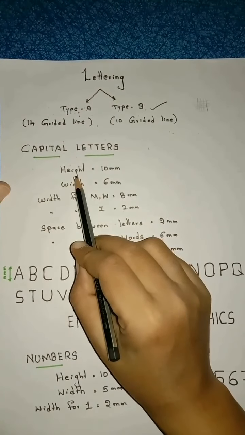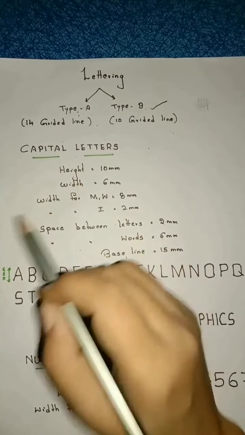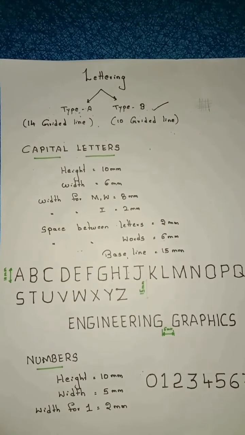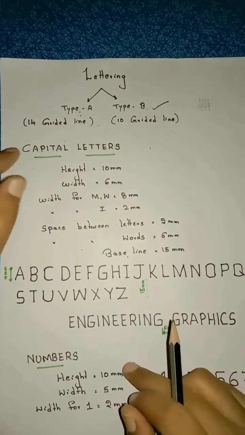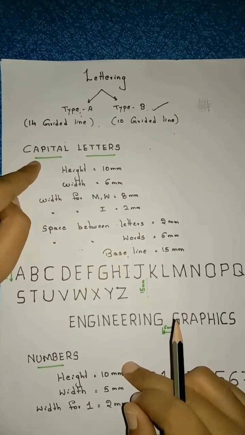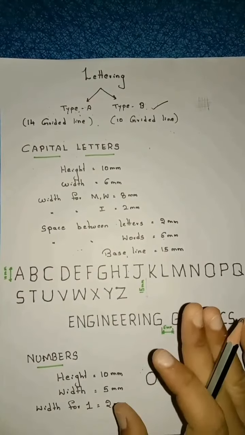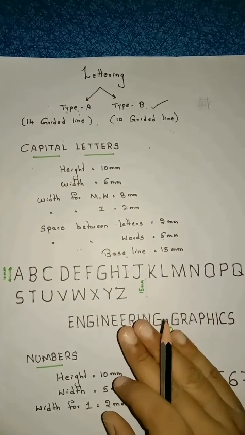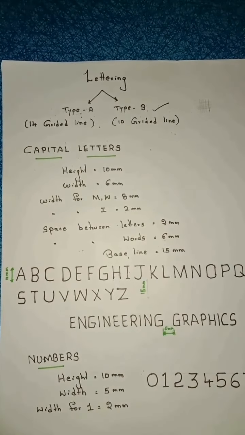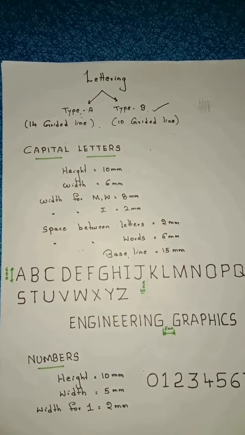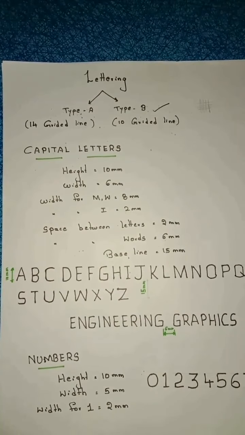See, first of all, whatever you are writing in engineering graphics from unit 1 to unit 5, you should follow the capital letters only. You are not following small letters. We use small letters when, suppose, you are writing units, like centimeters, kilometers, millimeters, feet, inches, hectometers.